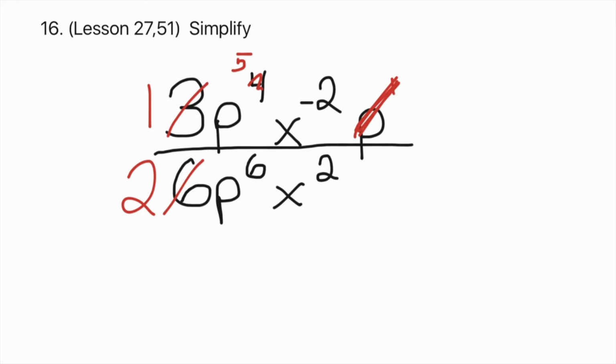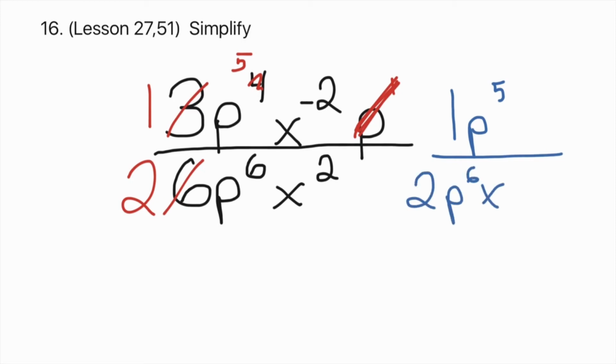Now I'm going to rewrite this. I like to do this periodically because sometimes it gets a little messy with everything being crossed off and marked off and reduced. So I'm going to rewrite this as 1p to the 5th over 2p^6x^2. Now you'll notice I did not write down the x to the negative 2 on the top.